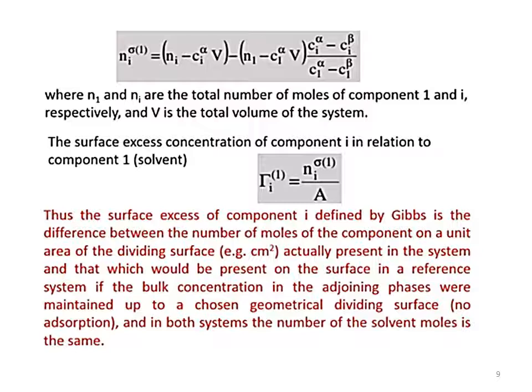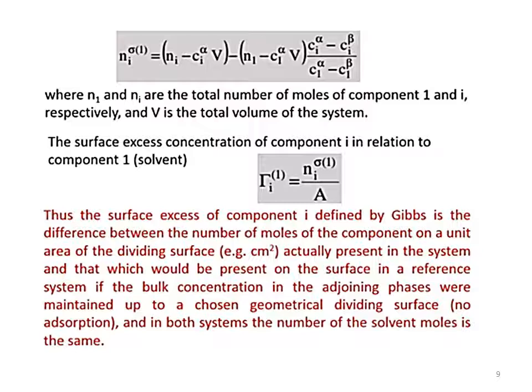The surface excess concentration of the component I in relation to component 1, the solvent, is equal to Ni sigma 1 over A, meaning its surface excess over its dividing area.